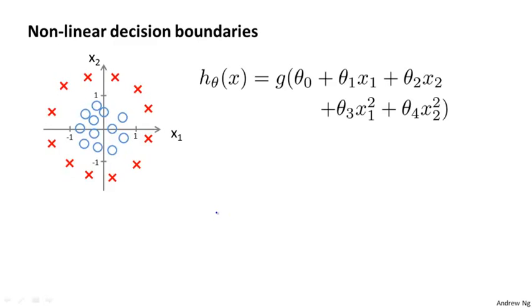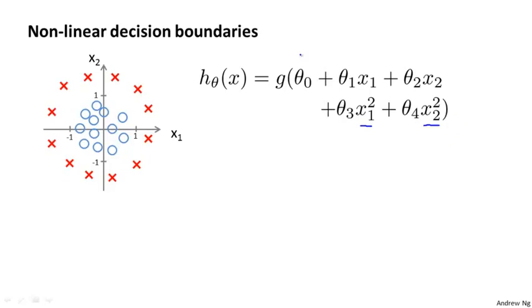Concretely, let's say my hypothesis looks like this, where I've added two extra features, x1 squared and x2 squared, so that I now have 5 parameters, theta 0 through theta 4. As before, we'll defer to the next video our discussion on how to automatically choose values for the parameters theta 0 through theta 4.